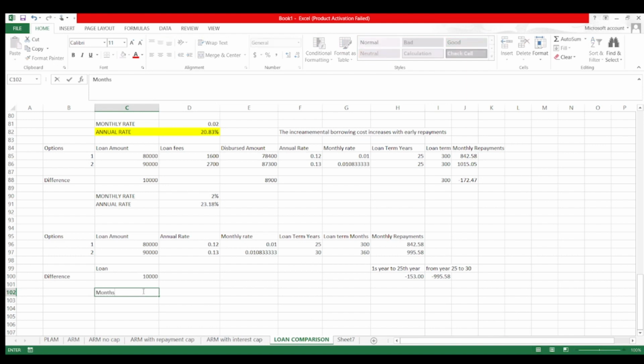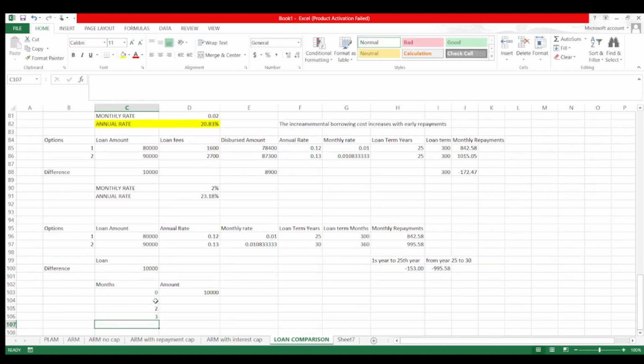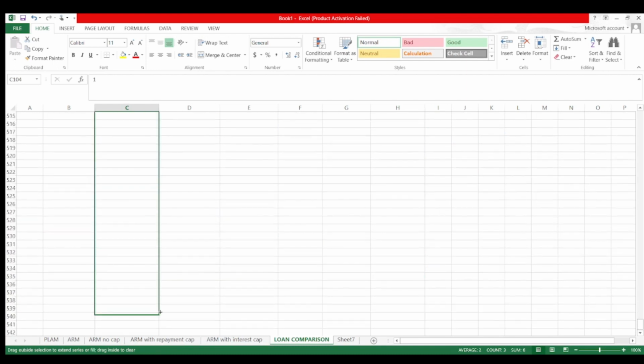So here we'll have months and amount. So in month 0, we have 10,000. However, from month 1 all the way to 25 years, which is 300, the cash flow will be negative 153. So we can simply drag this down to 300.